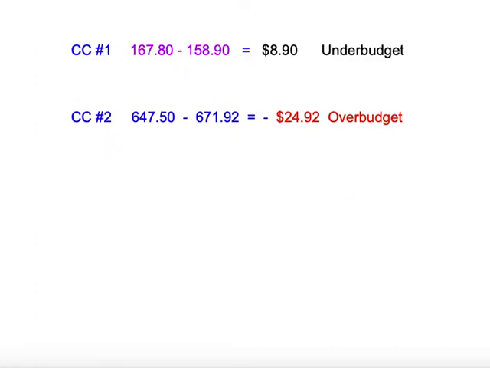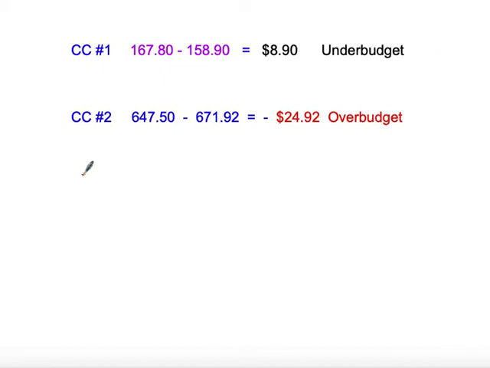All right, so after you've completed the concept checks, when I look at the first one, Zoe and Doug budgeted $167.80, but they spent $158.90 in their budget. So that kept them in the black, and they were at $8.90. They were under budget.